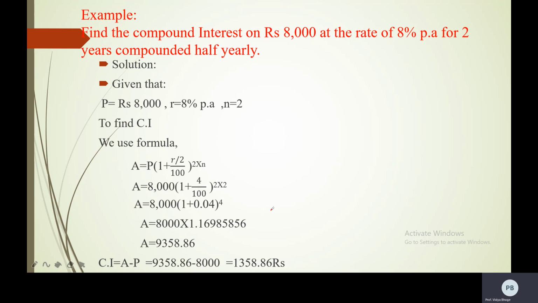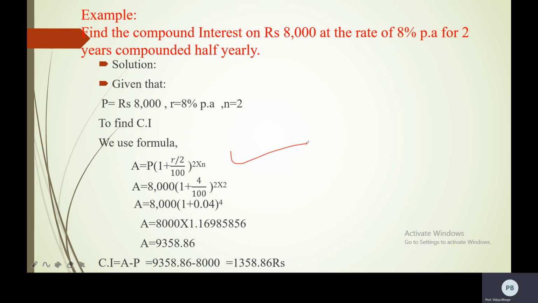Find the compound interest on rupees 8,000 at the rate of 8% per annum for 2 years compounded half yearly. When compounded half yearly, use this formula: A is equal to P in bracket 1 plus R by 2 divided by 100 raised to 2n. Half yearly means we have to take half of the rate of interest, so R is converted into R by 2.